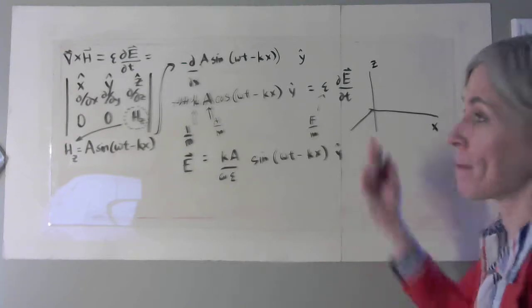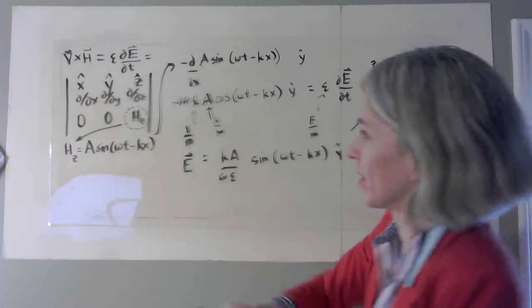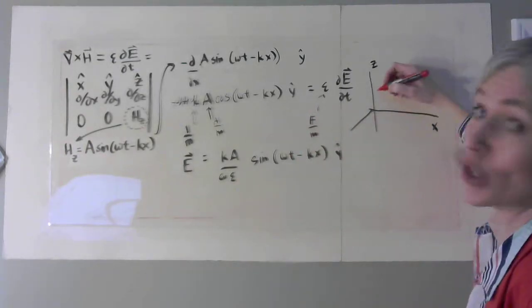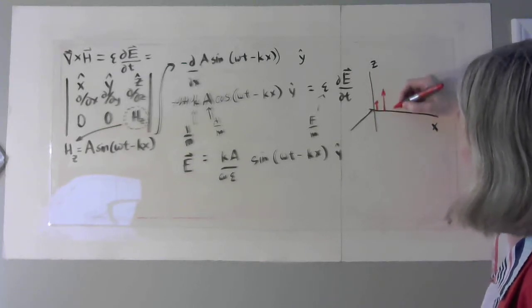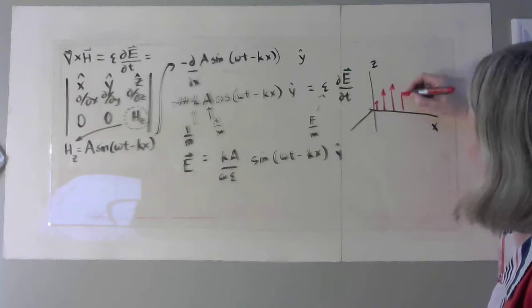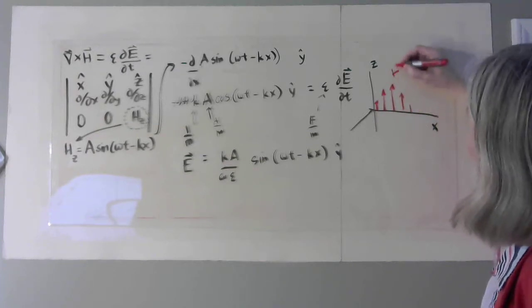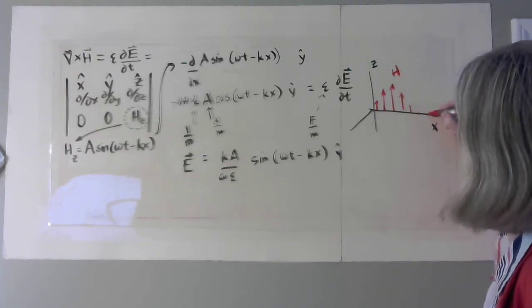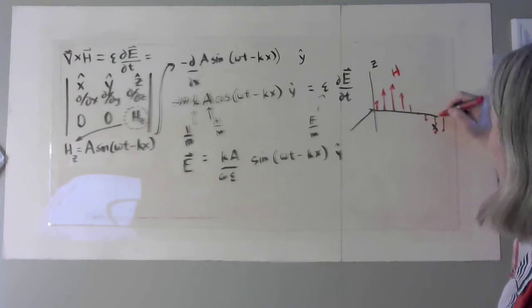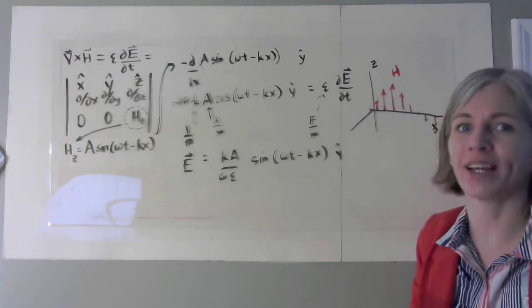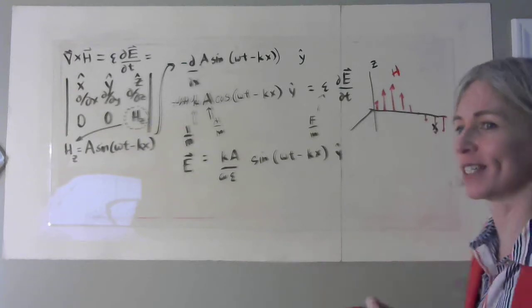Okay, the original magnetic field, so H sub z. So I know I'm going to draw it along the z direction and have it vary with x. A sinusoidal thing. And this is a snapshot at a certain time, an instantaneous snapshot.